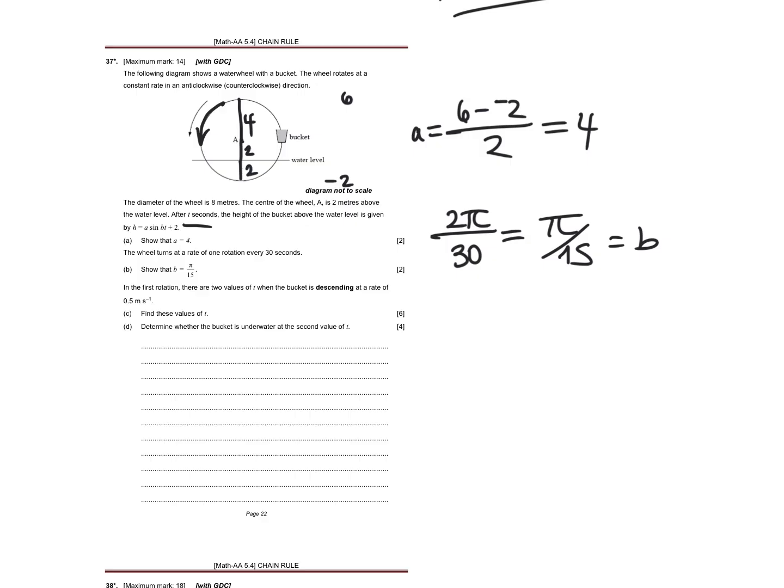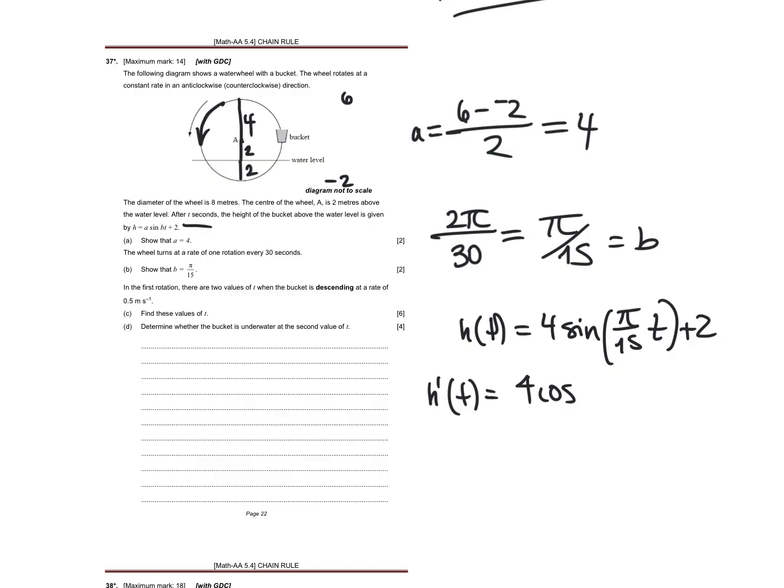So the function is 4 sine pi over 15 t plus 2. So we need the derivative, which is 4 cosine pi over 15t times pi over 15.